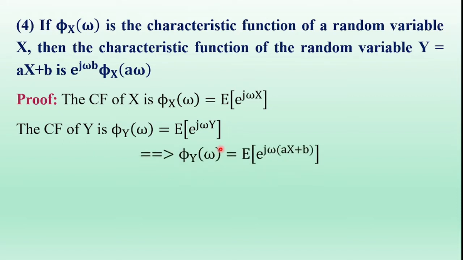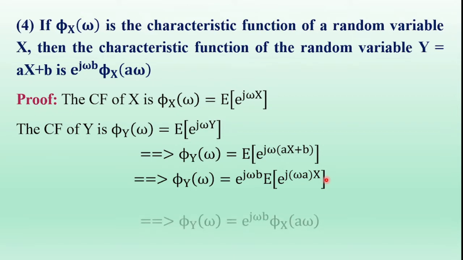Substitute Y = aX + b on the RHS of this equation. We get φy(ω) = E[e^(jω(aX + b))]. Multiplying jω within the bracket term, we get E[e^(jωaX) · e^(jωb)]. Using the property of expectation, this RHS term is written as e^(jωb) times E[e^(jωaX)]. Using the definition of the characteristic function, E[e^(jωaX)] is φx(aω).